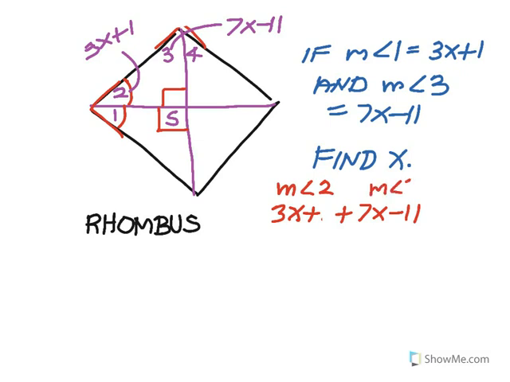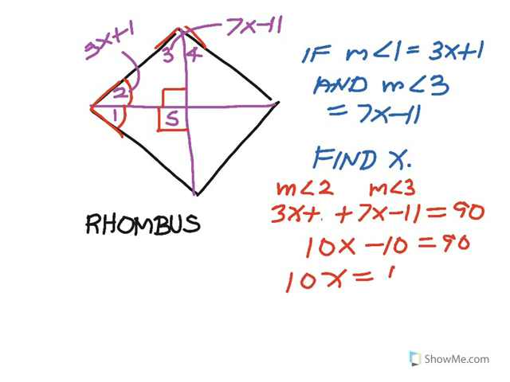Or I could use all three angles, include the right angle, and say they have to add to 180. So anyway, I get 10x minus 10 is 90. So 10x is equal to 100. So x is equal to 10, making angle 1 31 and making angle 3 69 degrees. Or, I'm sorry, 59 degrees.